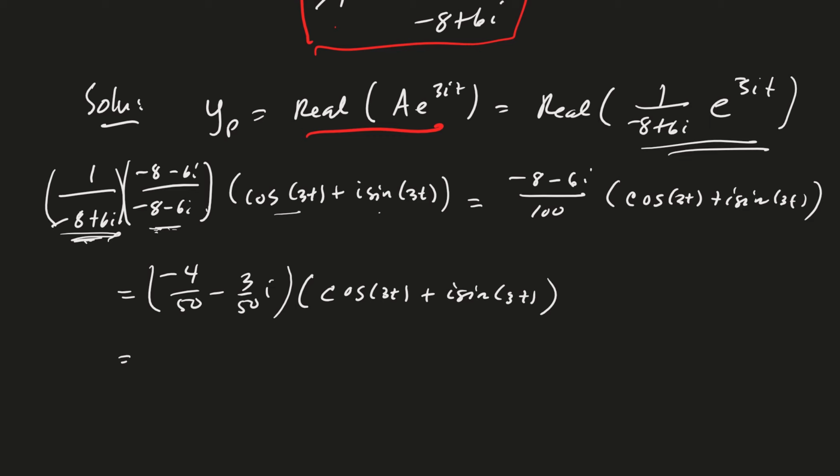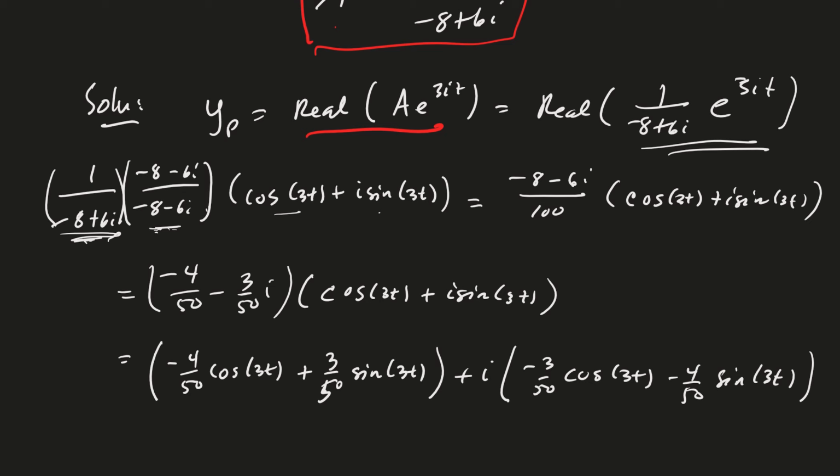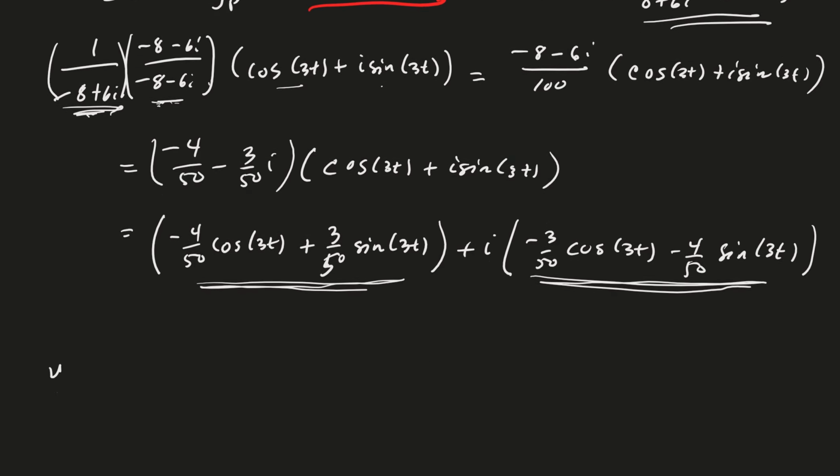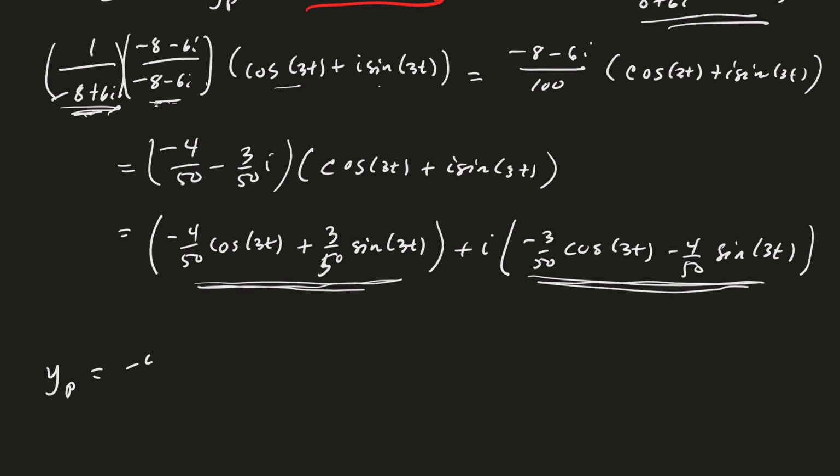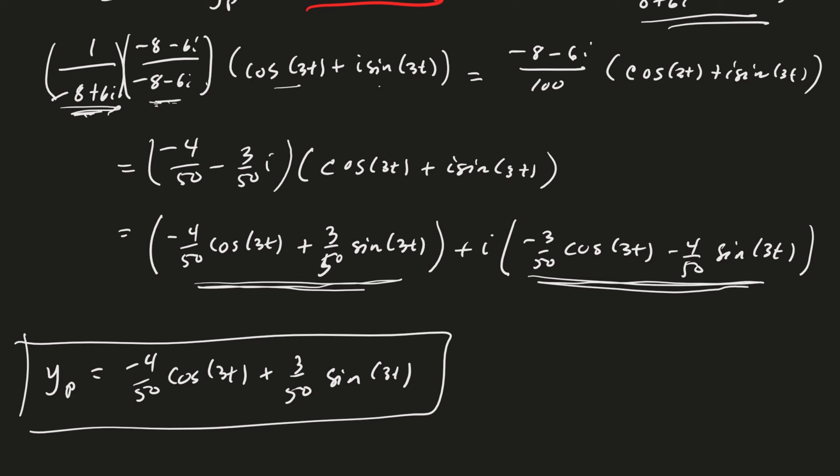I'm going to pause this and write out what the whole thing looks like. Good. Okay, so if I FOIL this all out, this is my real part, and this is my imaginary part. And so now we have our full y sub p, and our y sub p ends up being minus 4 over 50 times cosine of 3t plus 3 over 50 times the sine of 3t. Good, and we're done. That was fast, wasn't it?